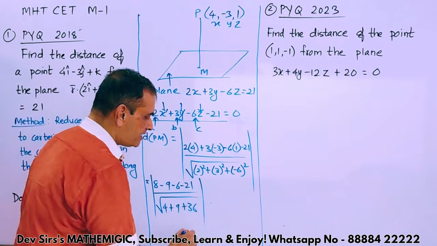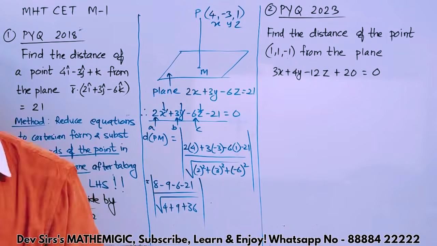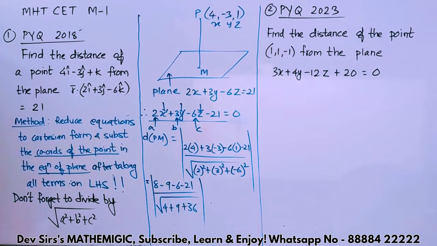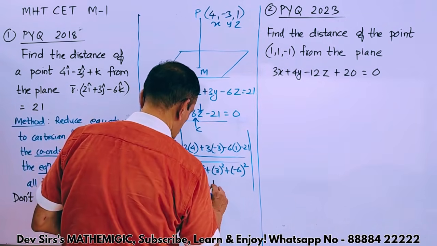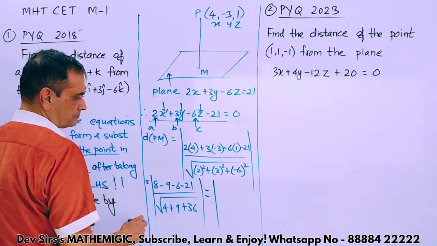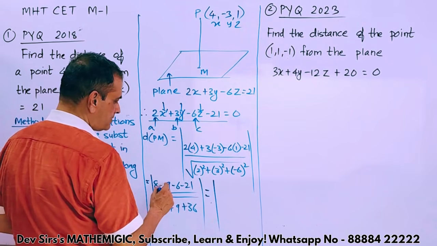Absolute value, because by chance if you get a negative answer, distance cannot be negative, it has to be positive. Okay? Calculate. You can add these 3 numbers.